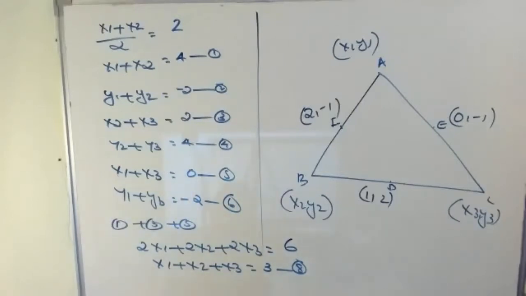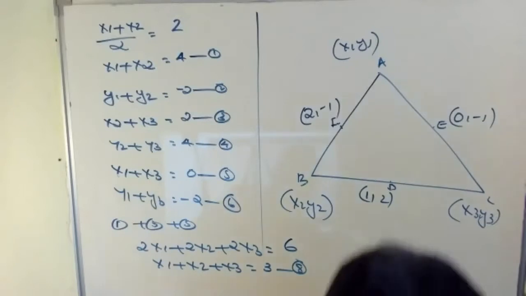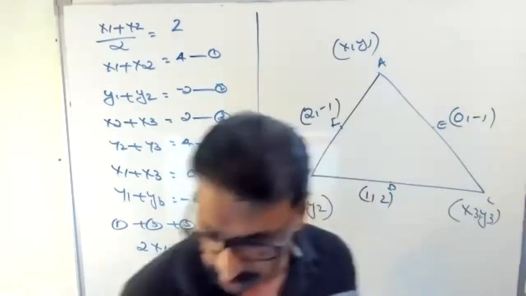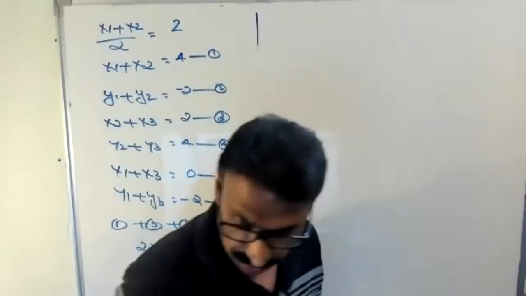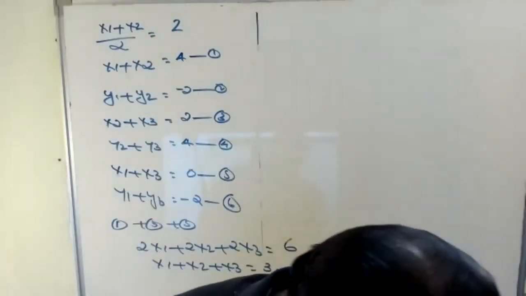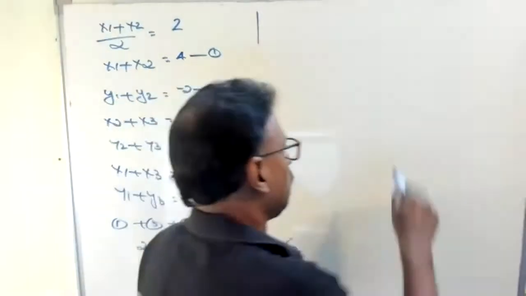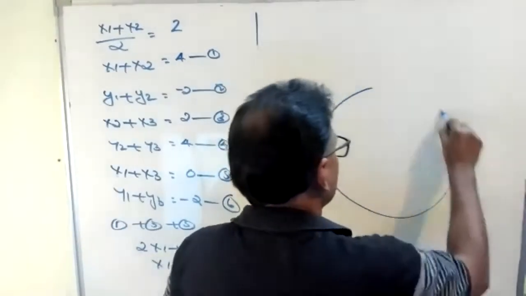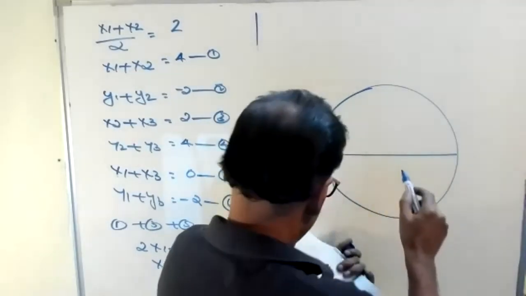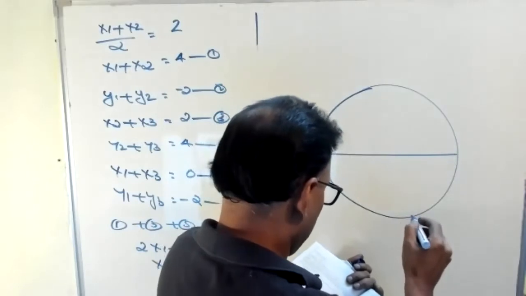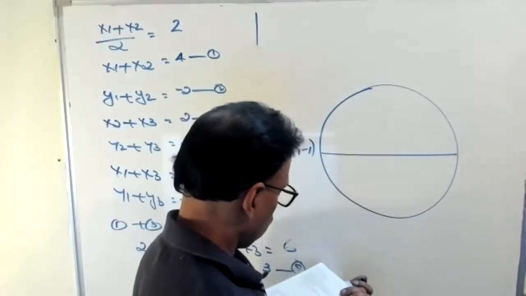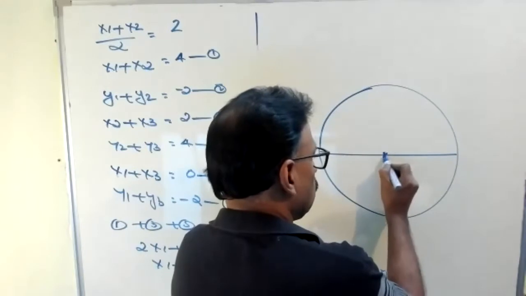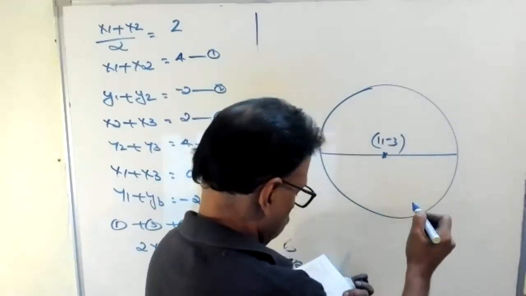The coordinates of one endpoint of a diameter of a circle are (4, -1), and the coordinate of the center is (1, -3).